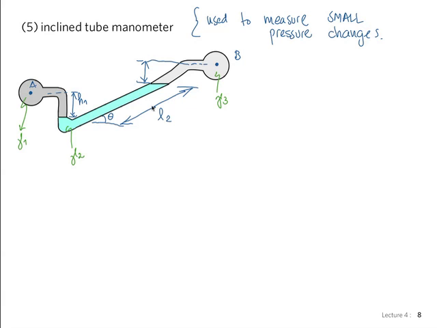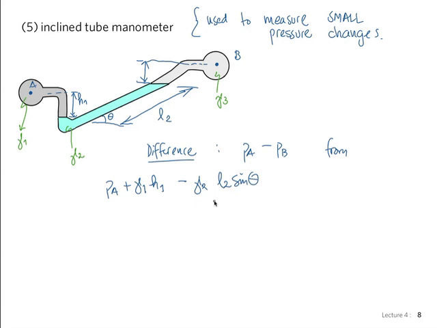And so the difference here is, skipping right to the result, we want to find PA minus PB, but we get it from PA plus, again, gamma 1 H1 minus gamma 2 L2 sine theta.